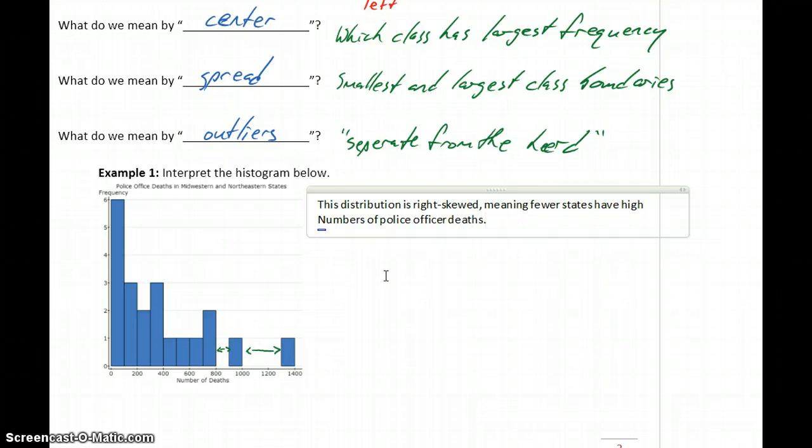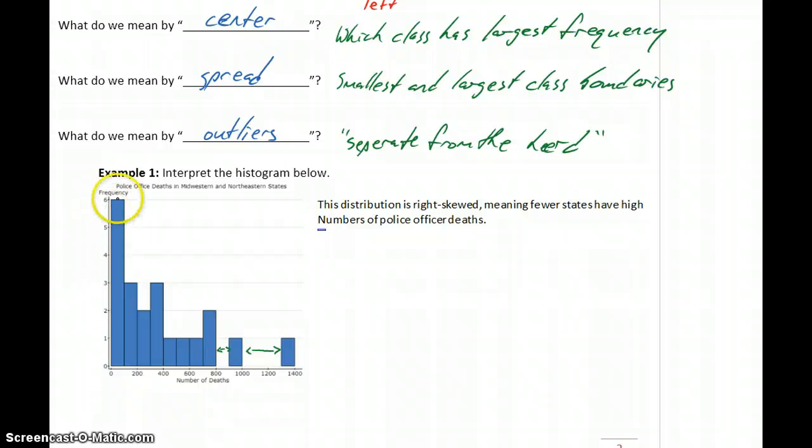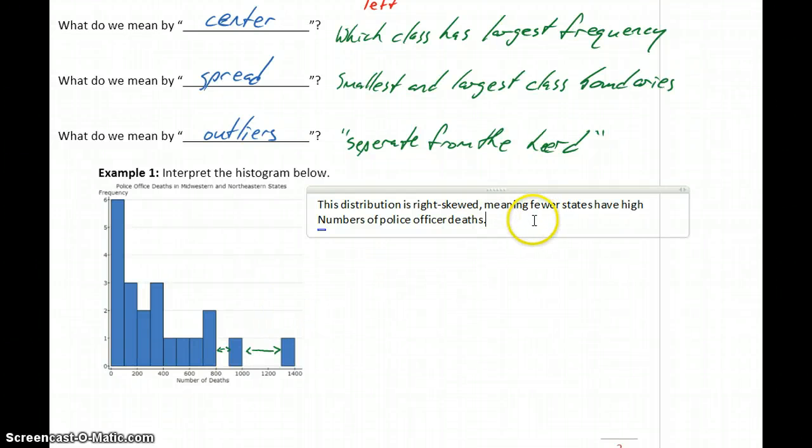In general, we see the bulk of our values on the low end here. Most are between that 0 to 200 range, or really between 0 and 400. So a right-skewed distribution tells us as we move up along the x-axis, as those values get larger, we're seeing fewer and fewer values. That's a good thing. We would hope that states have low numbers of police officer deaths. So since it's right-skewed, we have fewer states that have high numbers of police officer deaths.